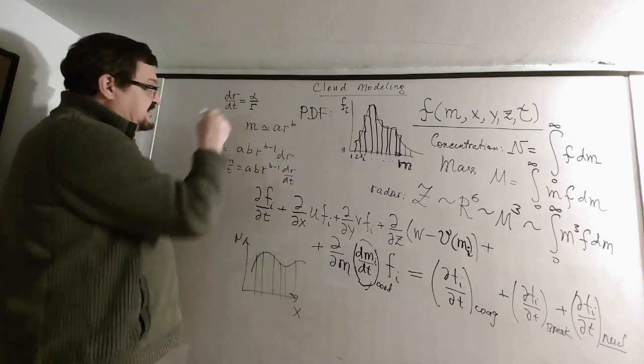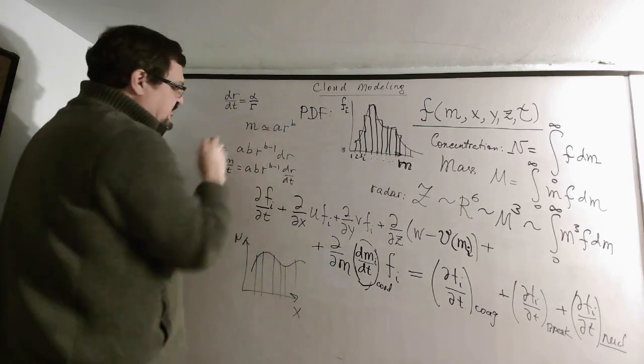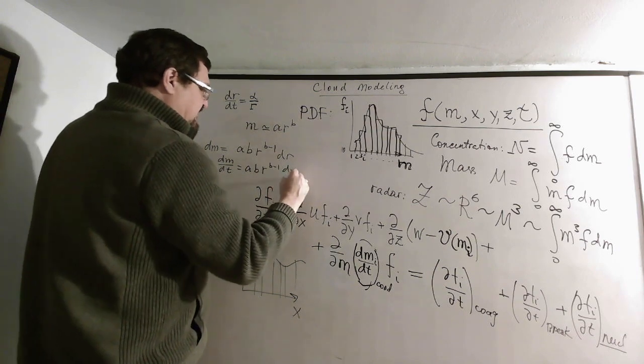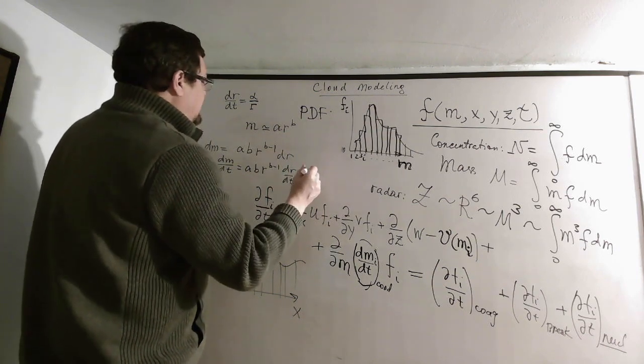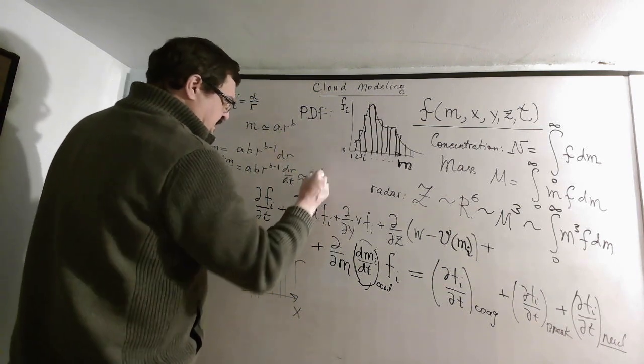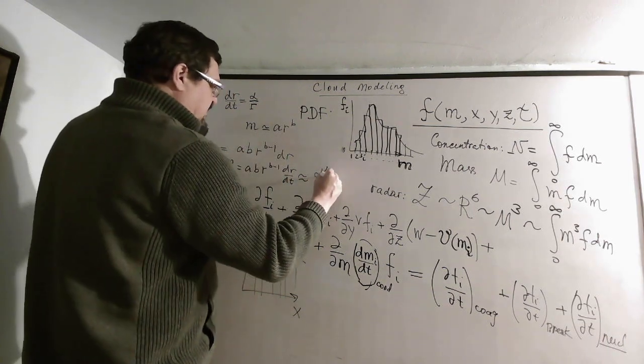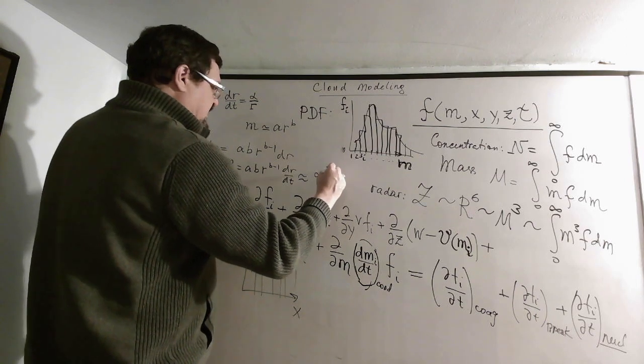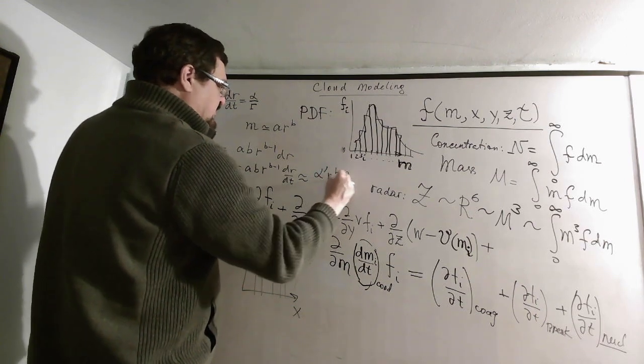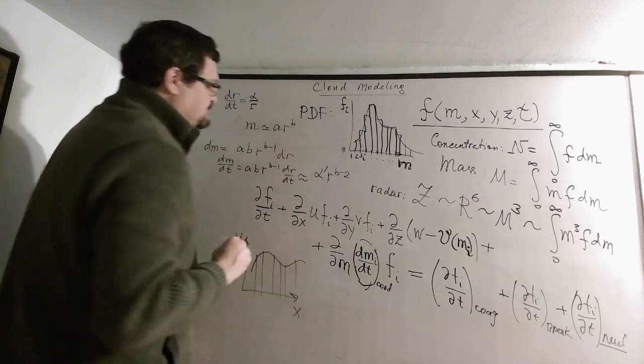And in this case, if dr/dt is inversely proportional to radius, then it's some alpha prime, some coefficient, and here you have r^(b-2), something like that.